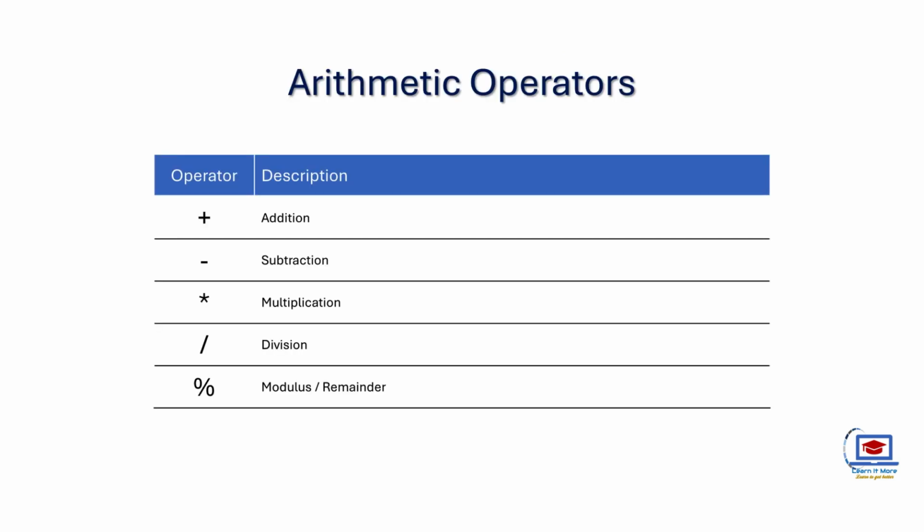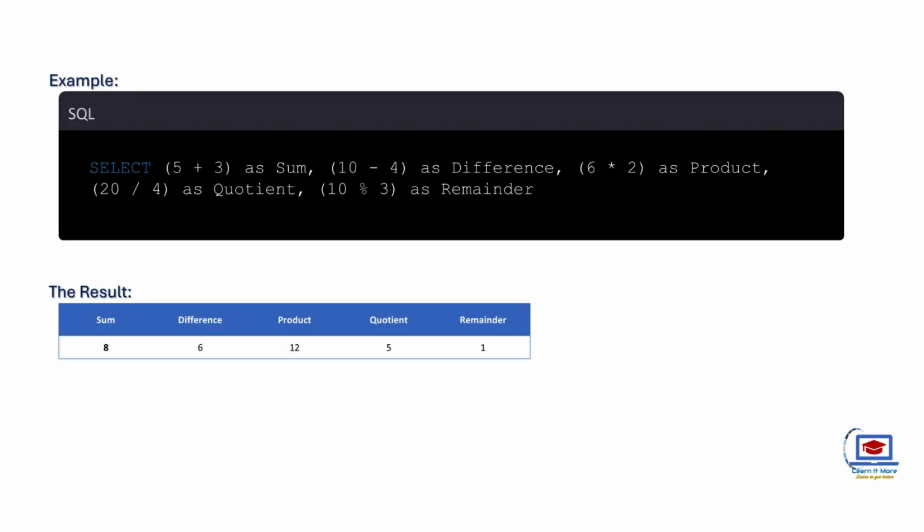These include plus sign used for addition, minus sign for subtraction, asterisk for multiplication, forward slash used for division, and percent used for modulus. You can use these to perform calculations within SQL queries, as shown here.